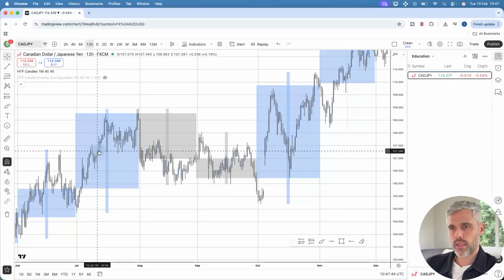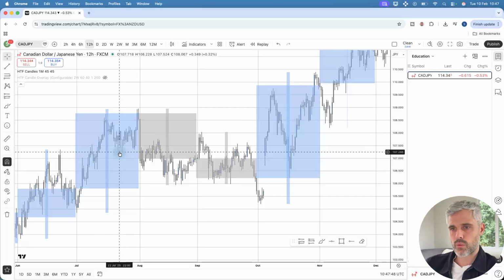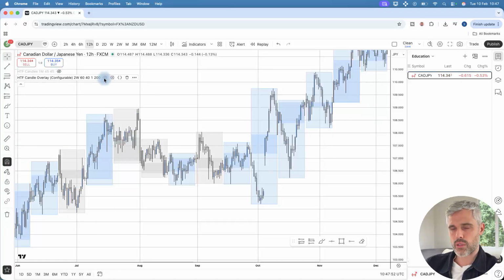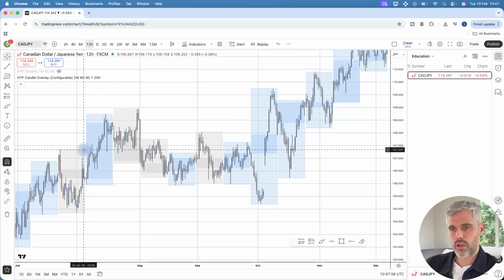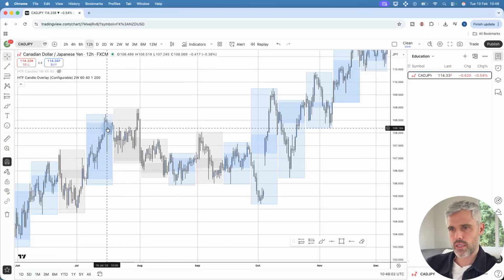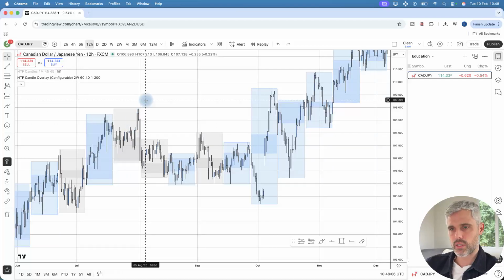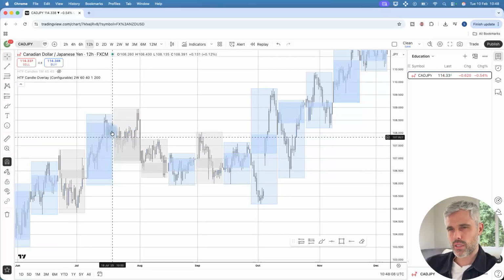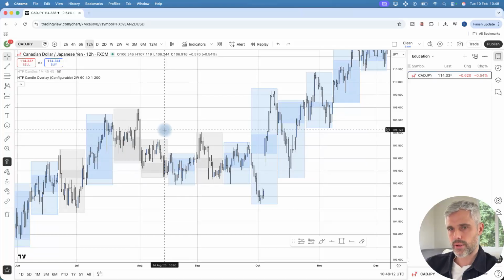As we're making this expansion and then we retrace, we have context that the monthly is moving higher. So we can bring up the 2-week time frame, and what we get is price expanding and closing above a previous candle range. When we start to see price retrace, we can anticipate that price is going to first target the high because there's been no manipulation to signal a reversal at this point.